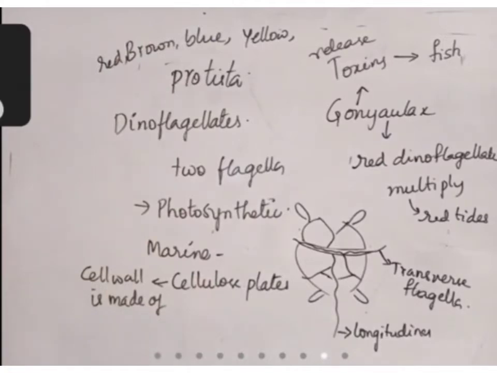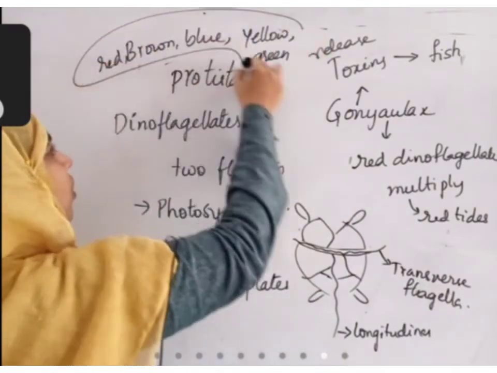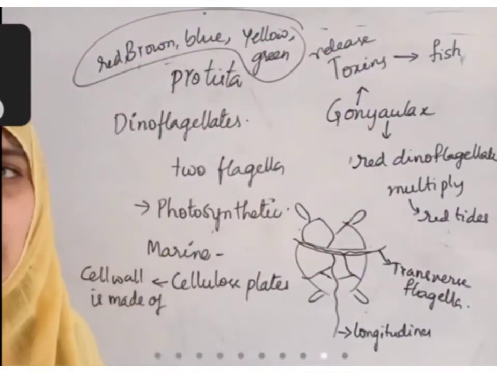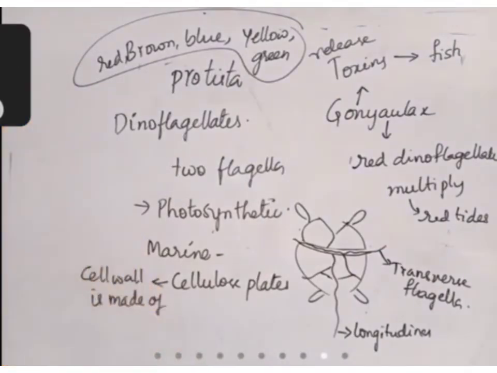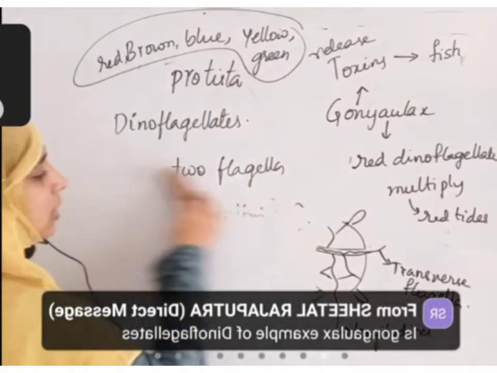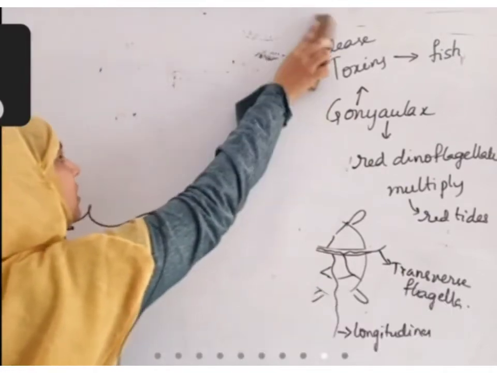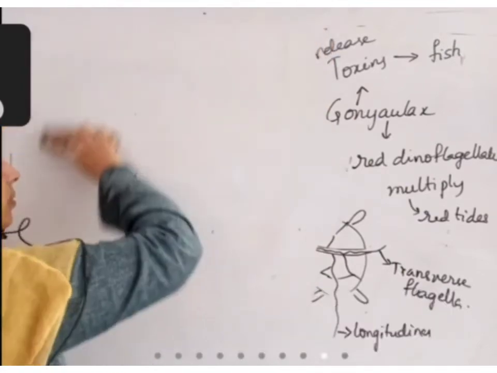Yellow, blue, brown, red, and green color also you can see. So these are the different colors of dinoflagellates that you can see, right? Okay. Next. After dinoflagellates, next one.